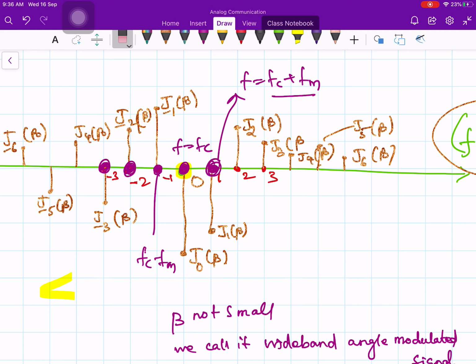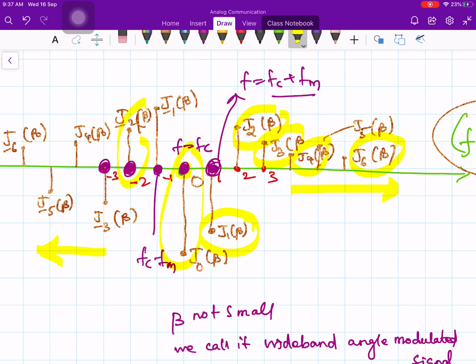So the first point is the spectrum contains a carrier plus an infinite number of sidebands, J1 of beta, J2 of beta, J3 of beta, J4 of beta, J5 of beta, all located at Fc plus Fm, Fc plus 2 Fm, Fc plus 3 Fm, Fc plus 4 Fm and so on in the positive side. Then in the negative side, Fc minus Fm, Fc minus 2 Fm, Fc minus 3 Fm, Fc minus 4 Fm, like that it keeps on going.